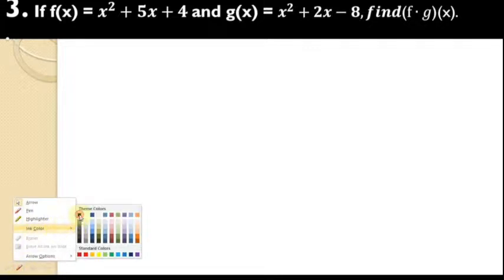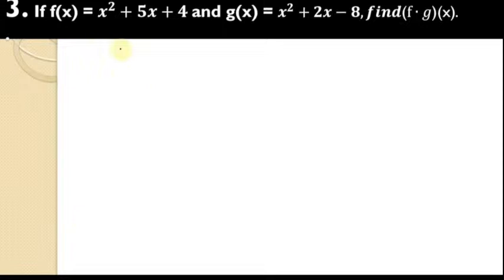So isahin natin ito kasi mataas ito. So formula, f of x or f times g times x equals f of x times g of x. Substitute natin. So dito tayo lang maglagay muna ng equal sign.